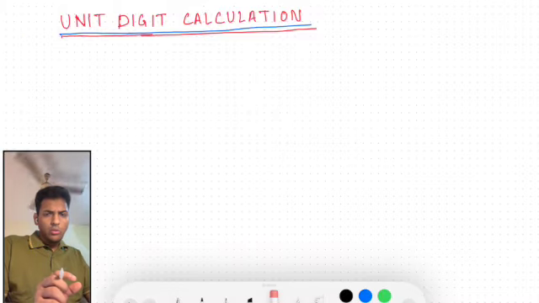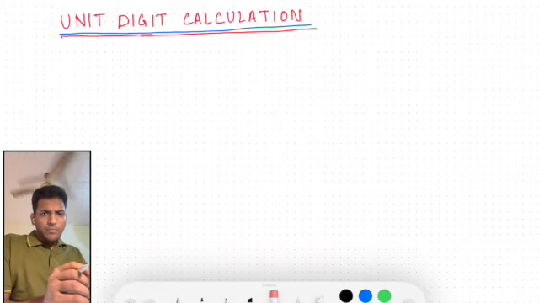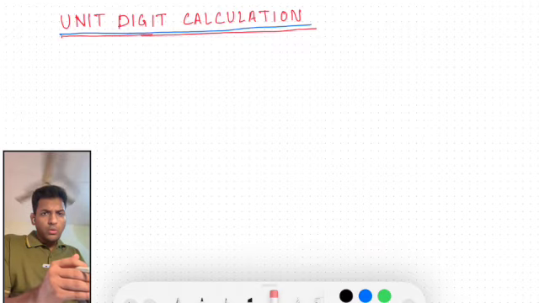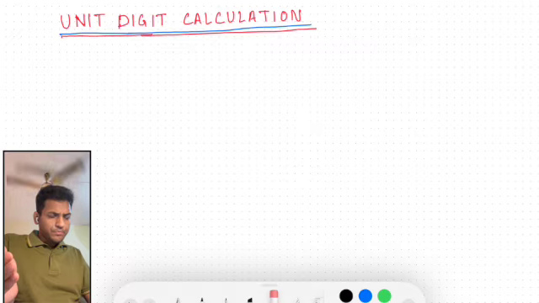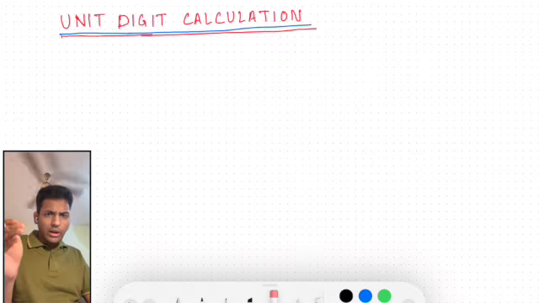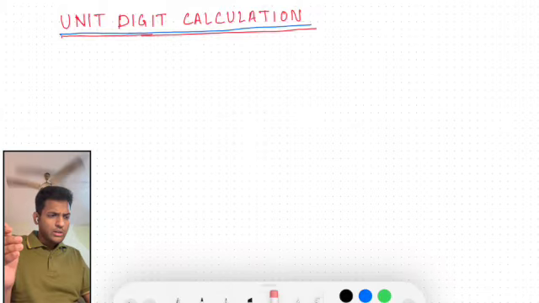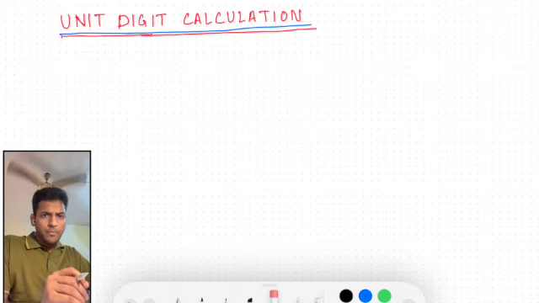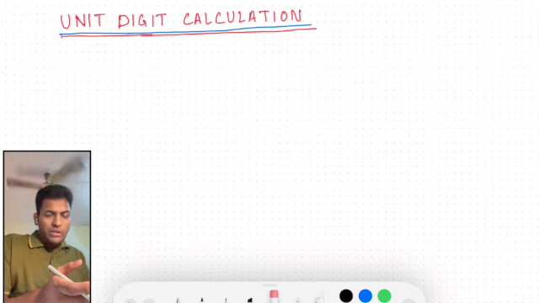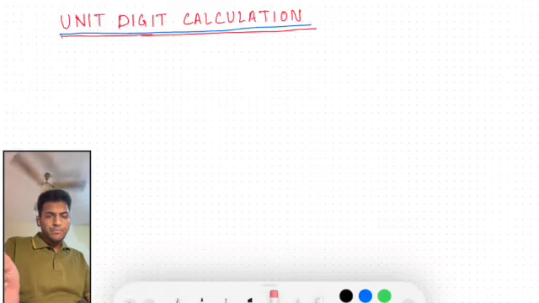It may be a number raised to a power of another number, and there can be different sums that they may give you asking for the unit digit. Actually this is one of the easiest questions that you can find in a CSAT paper.